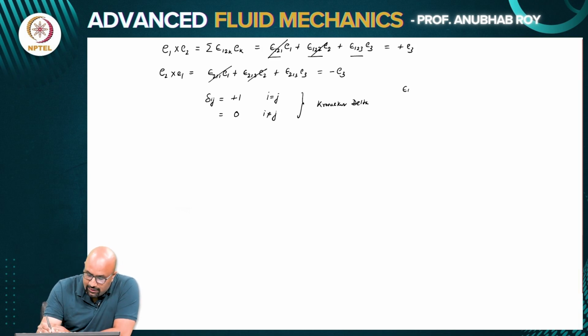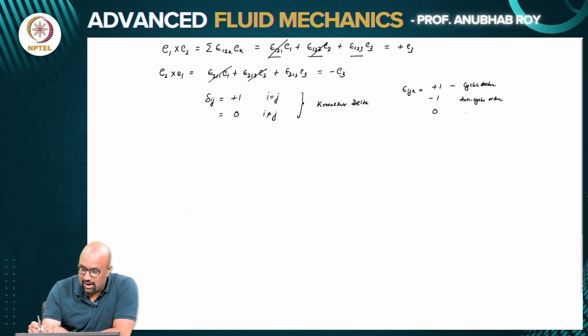And the other one that we learned was epsilon ijk, which is what is known as the permutation symbol, that takes a value of plus 1, minus 1 and 0. Plus 1 if it is in cyclic order, minus 1 if it is in anticyclic order, and 0 if at least two indices were to repeat.